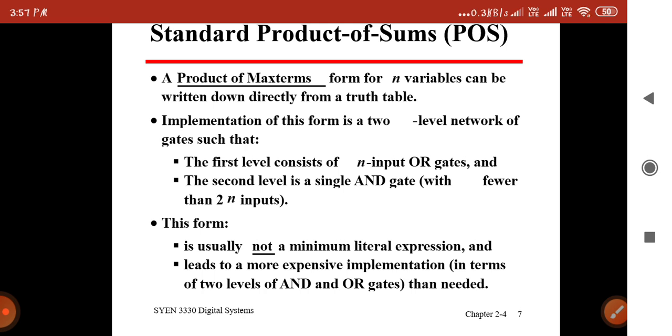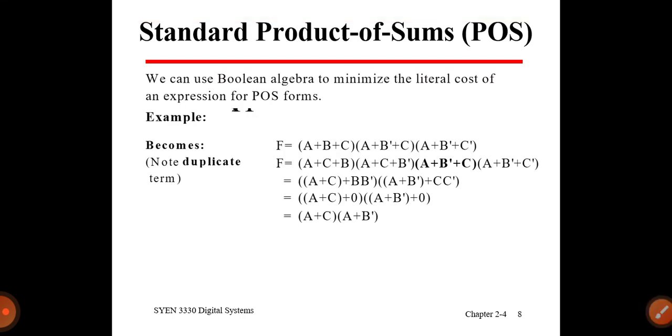This form is usually not a minimum literal expression, and leads to a more expensive implementation in terms of the two levels of AND and OR gates than needed. Standard POS of the expression: f equals (a plus b plus c)(a plus b bar plus c)(a plus b dash plus c).